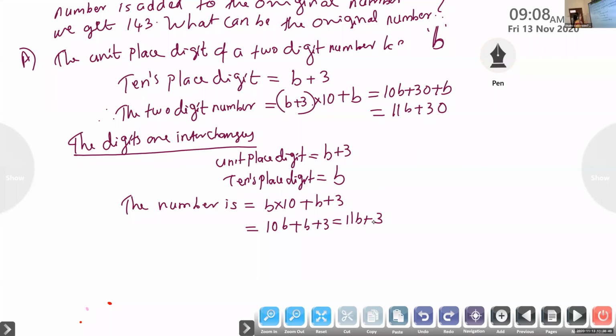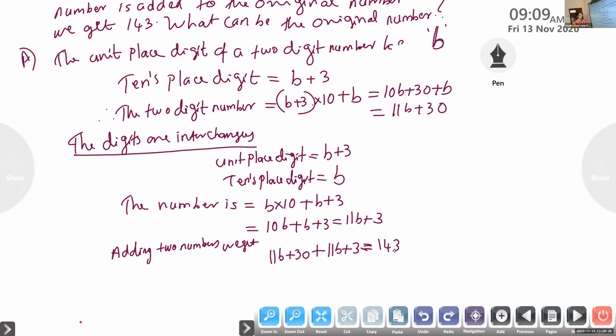So by the given condition, adding the two numbers, the first number is 11B plus 30 plus 11B plus 3 equal to 143. See, now we have a linear equation. You can solve it. Understood?